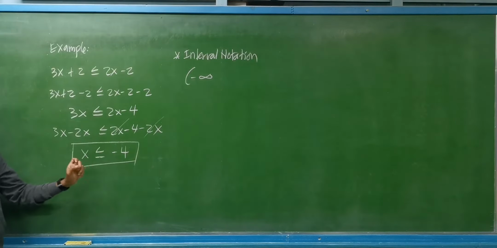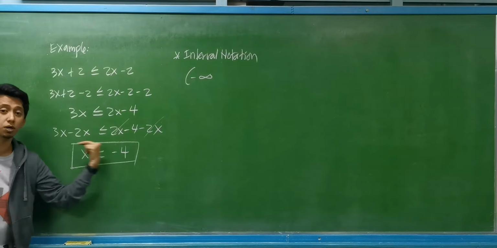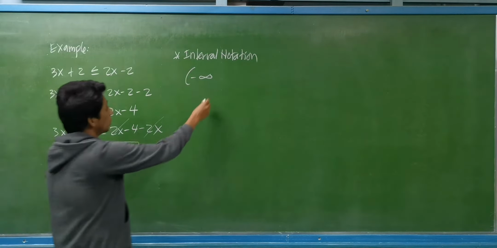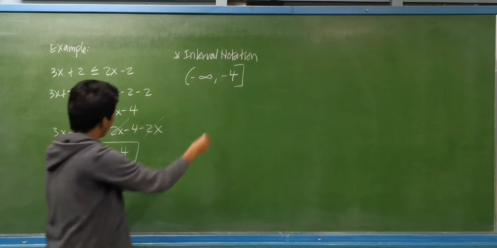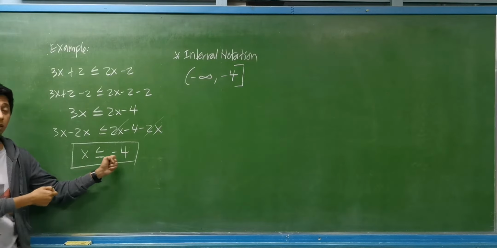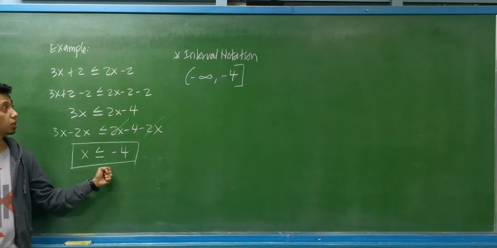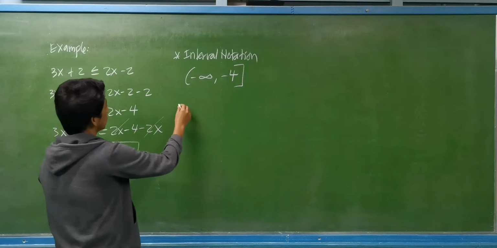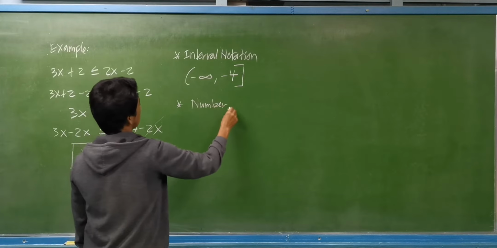So x is less than or equal to negative 4 means we go from negative infinity up to negative 4. If we have the equal to sign, this number is included, so negative 4 is part of the solution. This is by interval notation. Again, how do we present the solution by the number line?